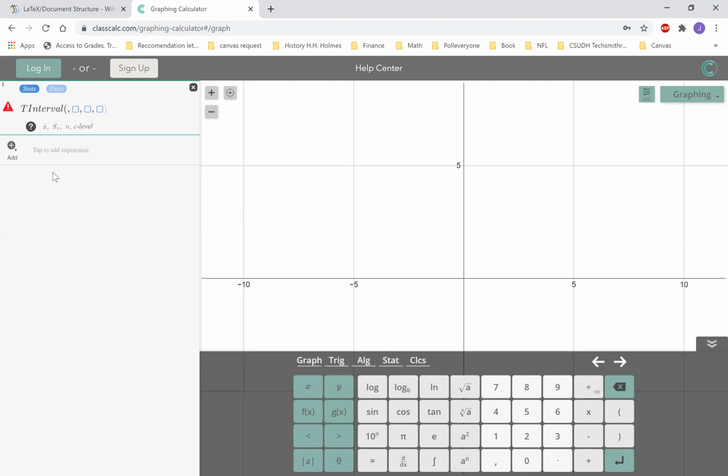You have to enter it in that order. So do 41.5, the sample standard deviation, which was 17, then n, which was 25, and the confidence level, 0.95.